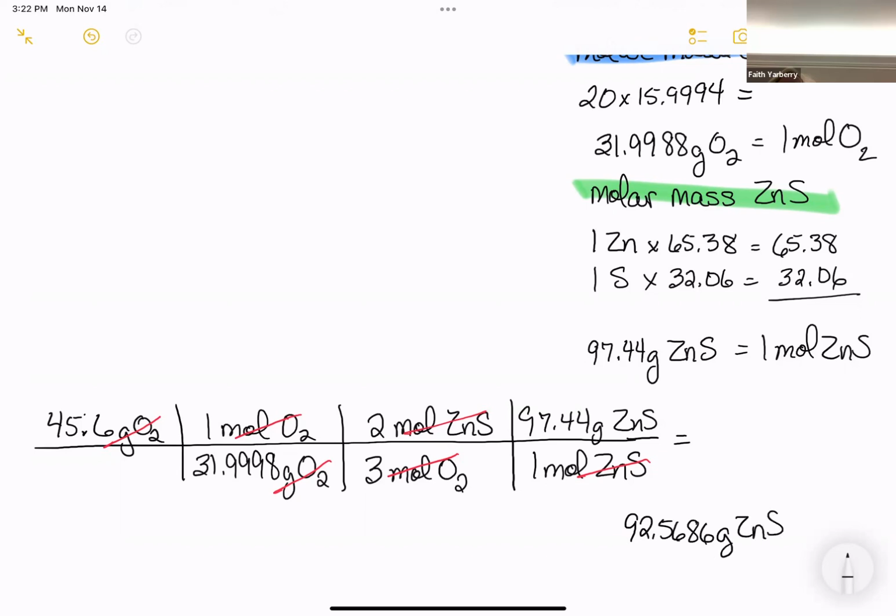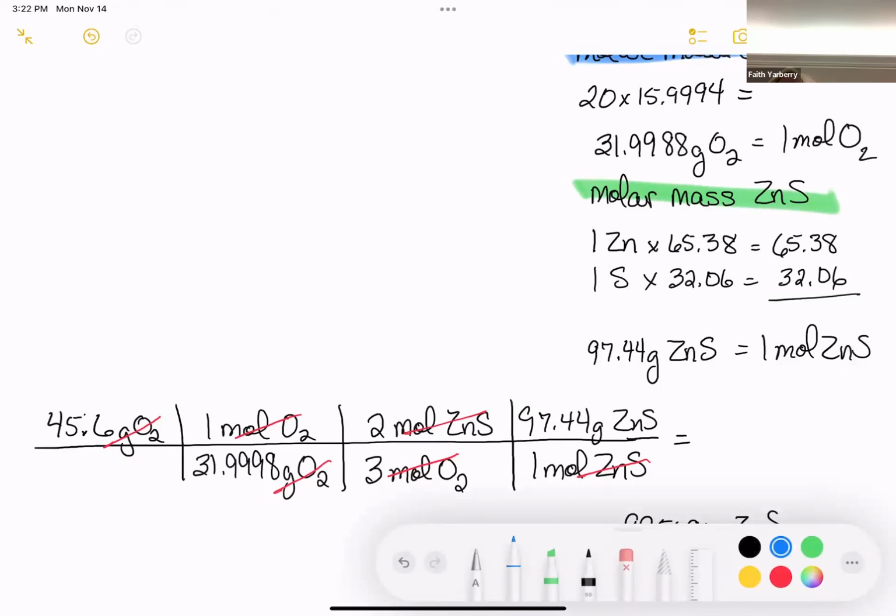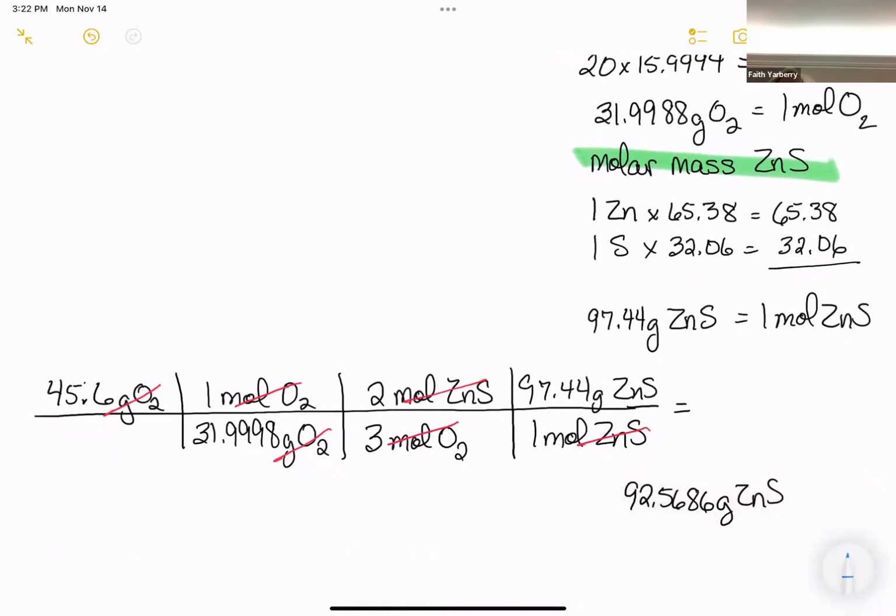Now to figure out our significant digits. This is multiplication and division, so it's going to have the same number of significant digits as the measurement with the fewest. Our starting quantity had 3 significant digits. The mole portion of the molar mass is an exact number. The mass portion had 6 significant digits.